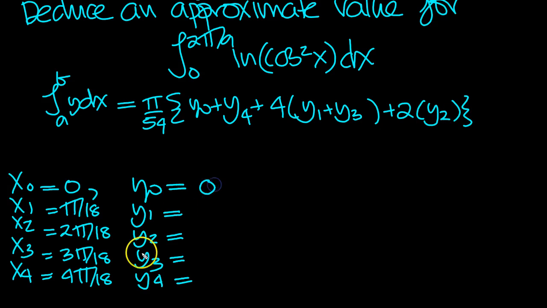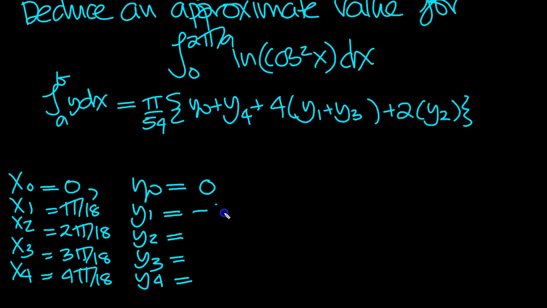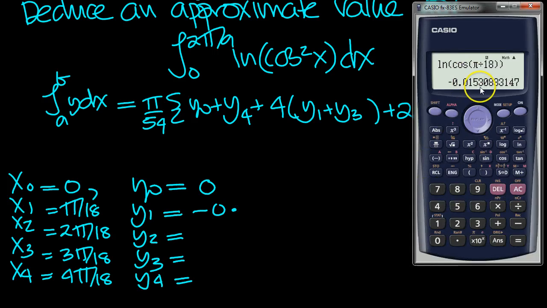So that's 0. Next value: instead of 0, we put pi over 18 in. So pi divided by 18 equals... We're working our final answer to 4 dp, so we better work to 6 dp now. Minus 0.015309.